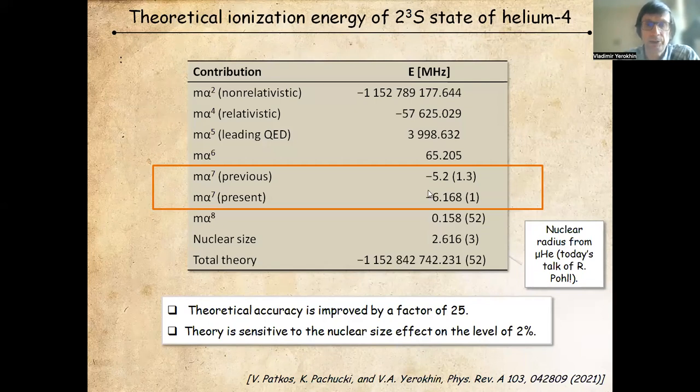A large contribution of M alpha 7 is actually due to one-loop self-energy. So it will be alpha (Z alpha)^6 for hydrogenic self-energy, and it is large because there is a low-energy contribution. This relativistic correction to the Bethe logarithm is large. So because of this.